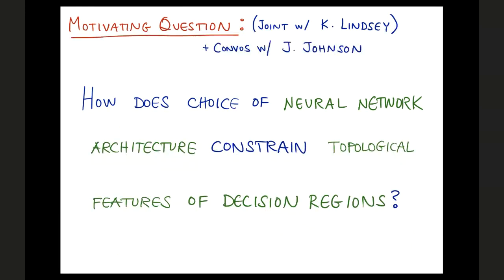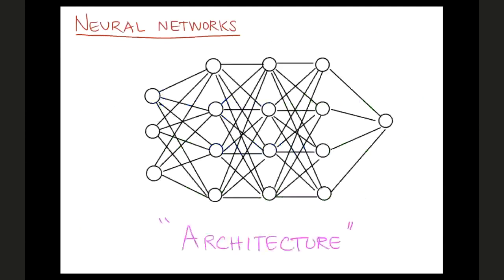So it's the topological features of the decision region, the complexity of the topology of the decision region. I will say more specifically what I mean by neural network architecture in a second, but you've seen neural networks drawn in the news, even if you haven't learned what they are yet. And so you can see what one might mean by architecture. I mean, it looks kind of like a building.